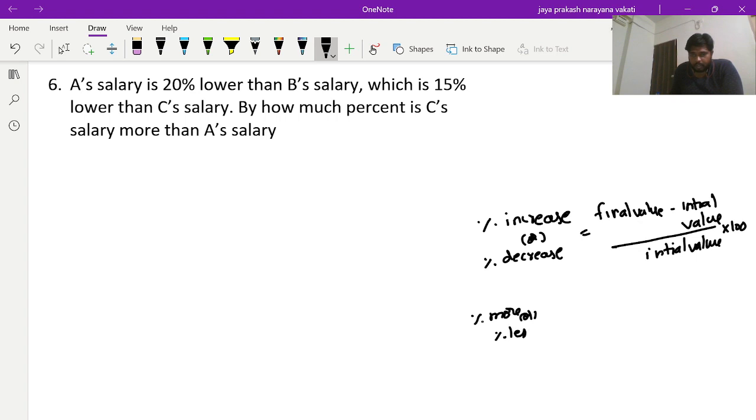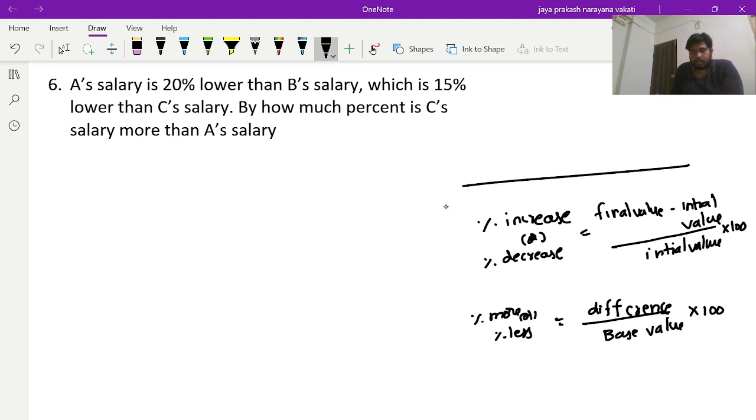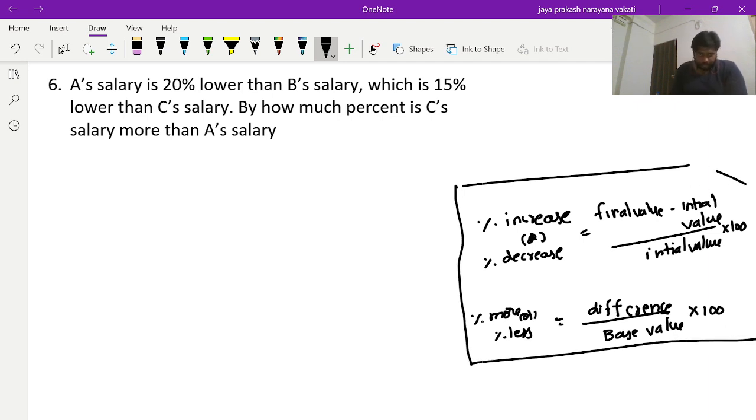The same formula I'll write in this way: difference by base value into 100. So these are the formulas which we are going to use here, but it's not like every time I'm going to use these formulas. So let's see the question.